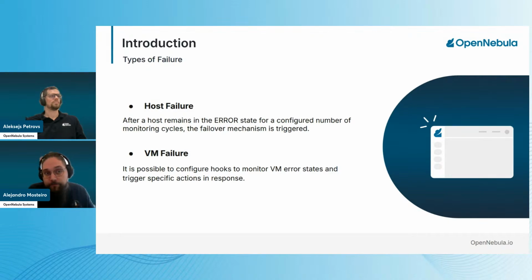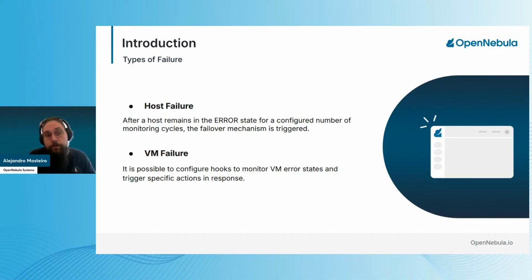As mentioned before, we can cover either host failures or virtual machine failures with this system. And today we will focus on the host failure part, which is when a host is detected in an error state in the OpenNebula cloud for a defined number of monitor cycles, and we will trigger automatic scripts that will move the VMs from this failed host to another compatible one within the cloud.